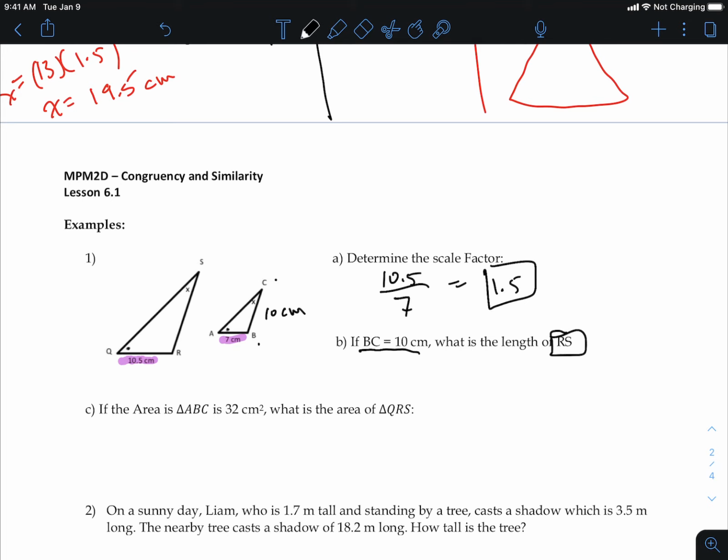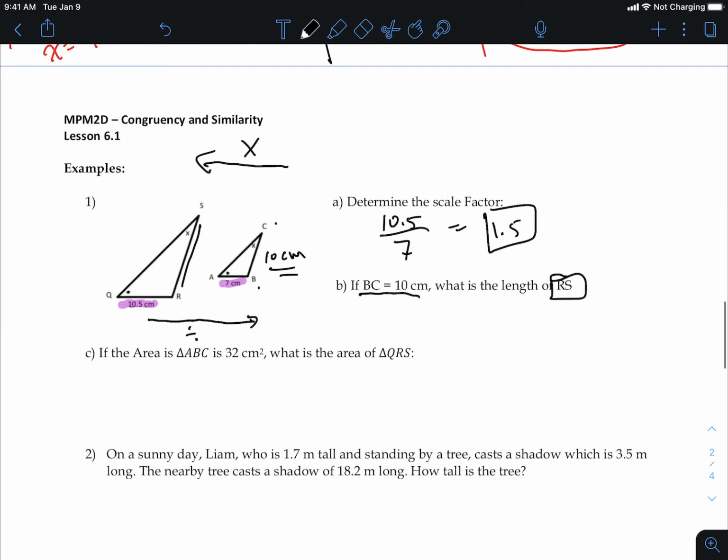Okay? How do I find RS? 10 times 1.5. Okay, so to get to a bigger triangle, I'm going to multiply. To get to the smaller triangle, I'm going to divide, because they're getting smaller versus getting bigger. So we have a side length on the little triangle, and I need to multiply to give me RS on the big triangle.